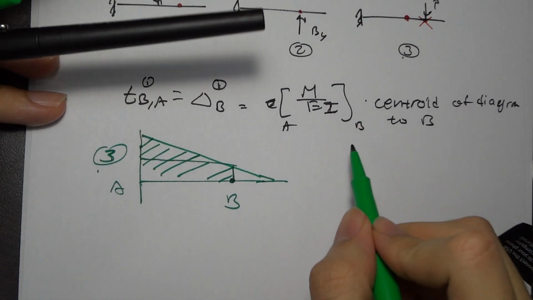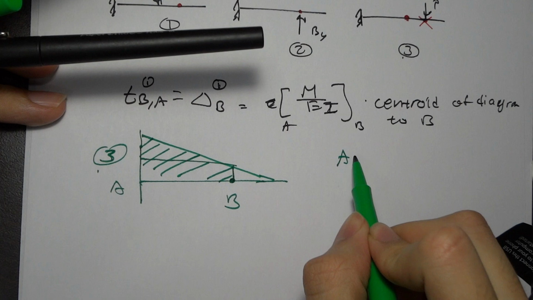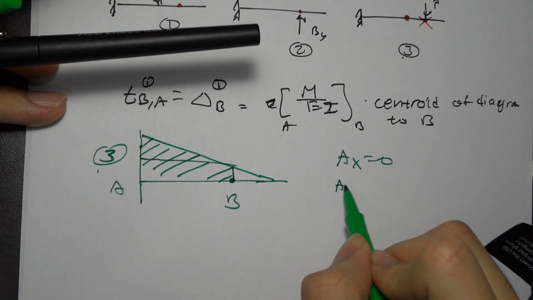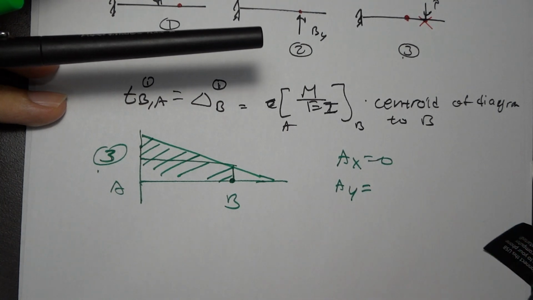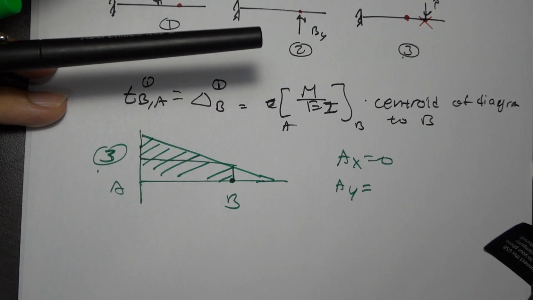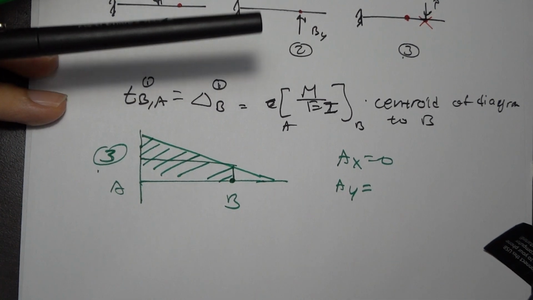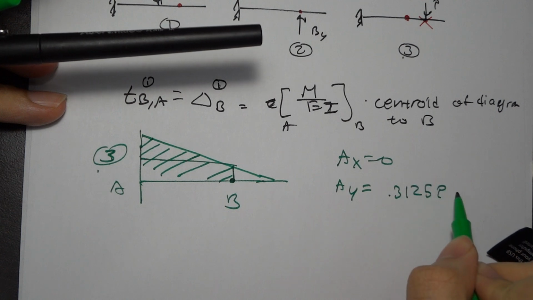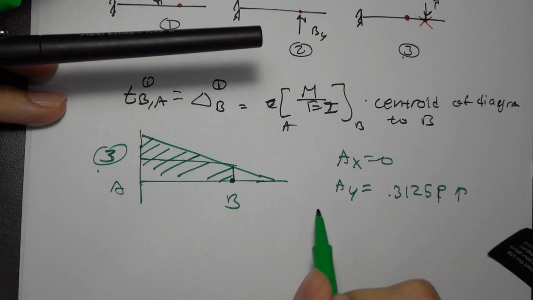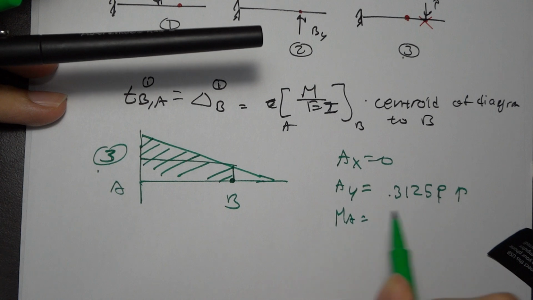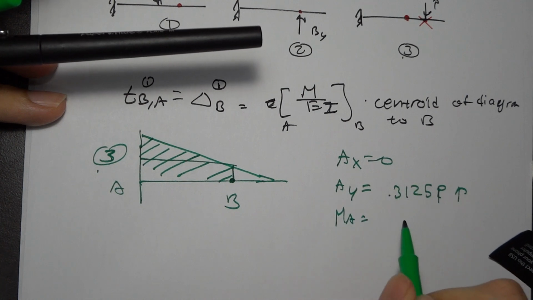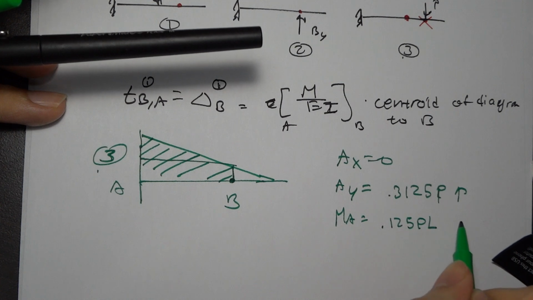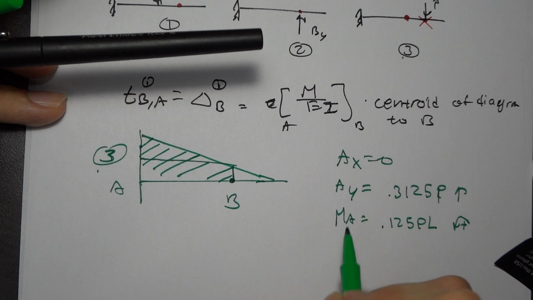The results I got for this: your reactions are AX equals 0, obviously. AY I got to be 0.3125 P upwards. I got MA to be 0.125 PL, and this was positive, counterclockwise positive.